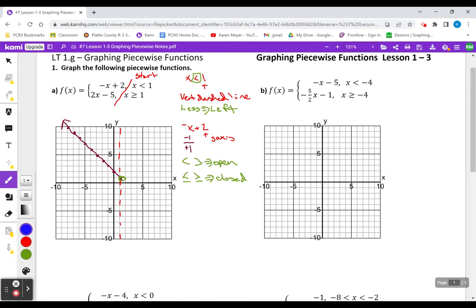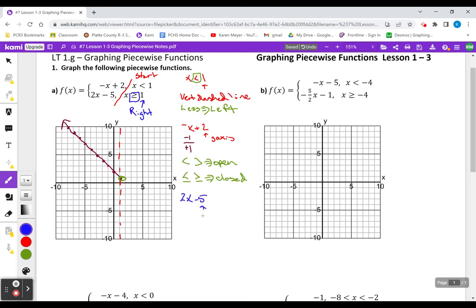So now we're just going to repeat this process over again for row 2. So the number with row 2 over here on the right side is 1, which we already have our dashed line. So wonderful. This time it says greater, and greater is to the right. So now I'm looking at 2x minus 5 to graph it.